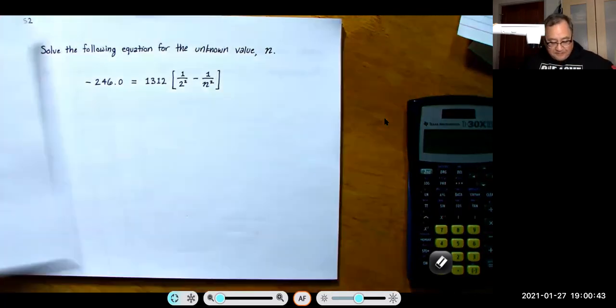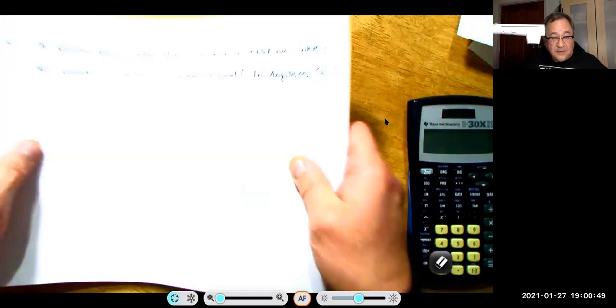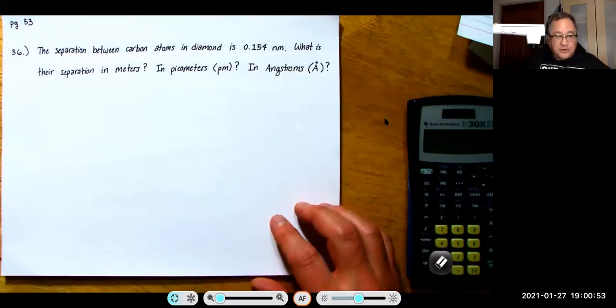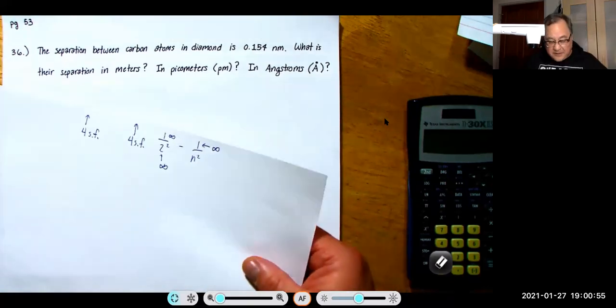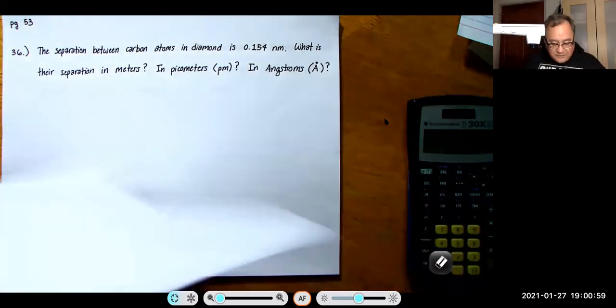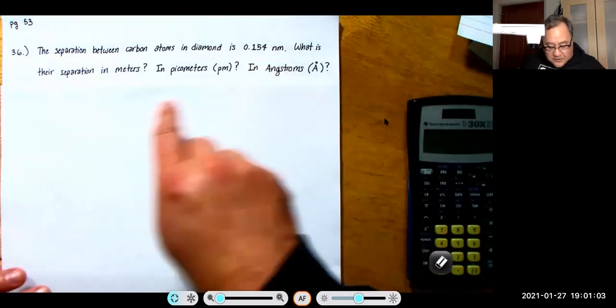But let's move on. So this is a little bit more of the conversion factor method. In this case, we're not going to do angstroms because chemists don't usually do angstroms, but physicists do. So we're going to convert 0.154 nanometers to meters.